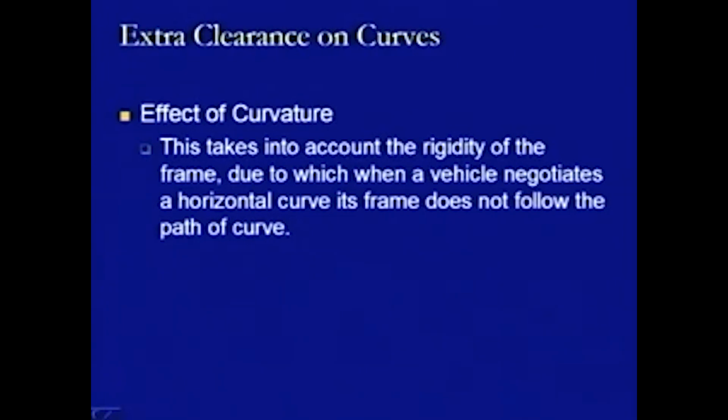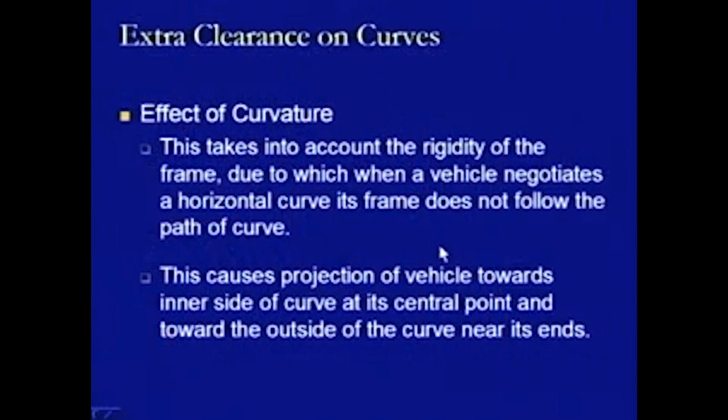Therefore, the path taken by the forward wheel or axle is not the same as that taken by the trailing wheel or axle. The forward wheel or axle takes a path towards the outer side of the curve, whereas the trailing wheel or axle takes a path towards the inner side.